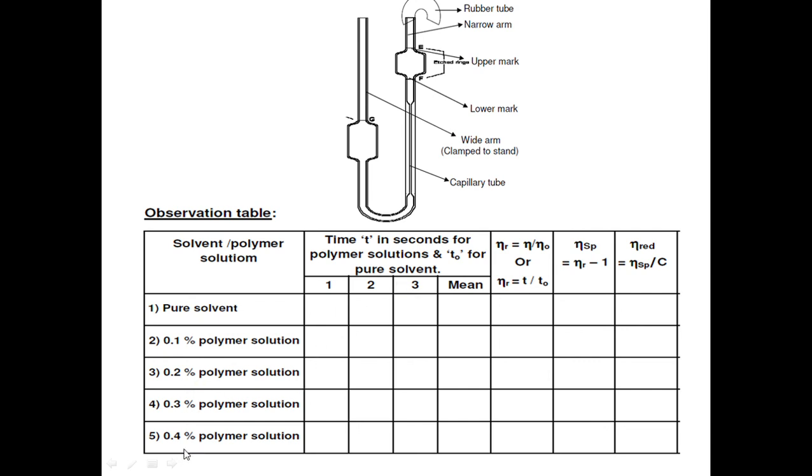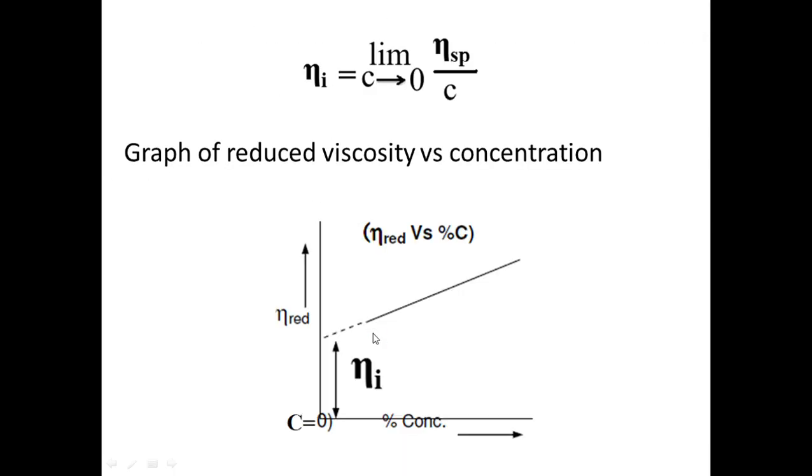0.3%, 0.4%. Lastly, by plotting the graph of reduced viscosity and percentage of concentration of polymer solution, we will get a straight line. When the straight line is extrapolated, it will touch the y-axis, and that will give the intrinsic viscosity when concentration is 0.